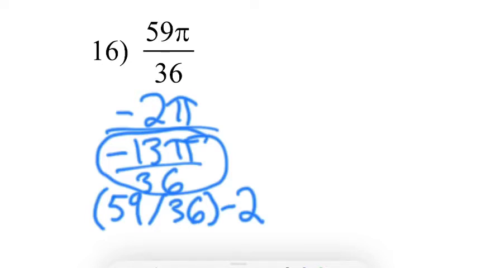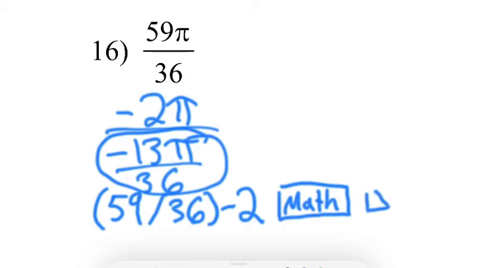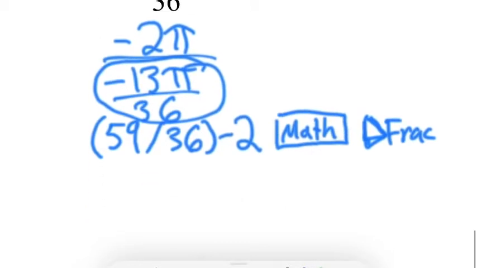And then if you're using your graphing calculator, you can go to the math button and select the little arrow that says fraction. And then hit enter. When you hit enter, you get negative 13 over 36.